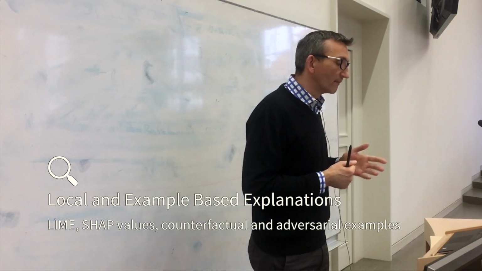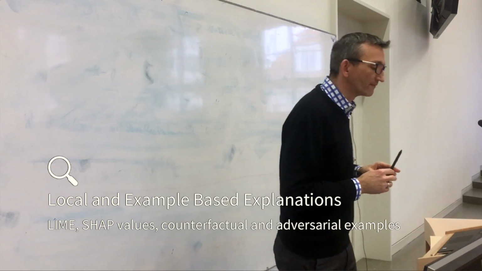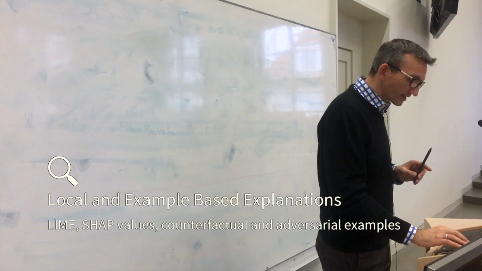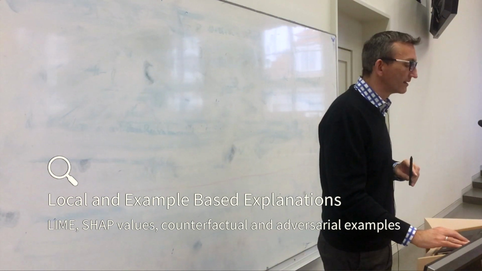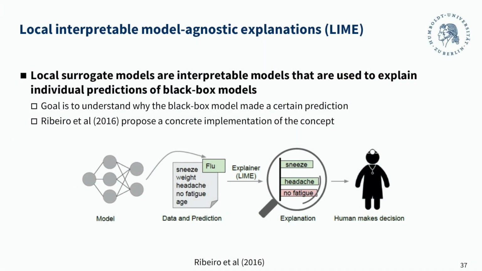And, well, these counterfactuals and adversarial examples, I will just briefly mention them. Very interesting stuff as well. I just want to give you a vague idea what these are and why these might be interesting. But first things first, LIME. Local, interpretable, model-agnostic explanations, or LIME.